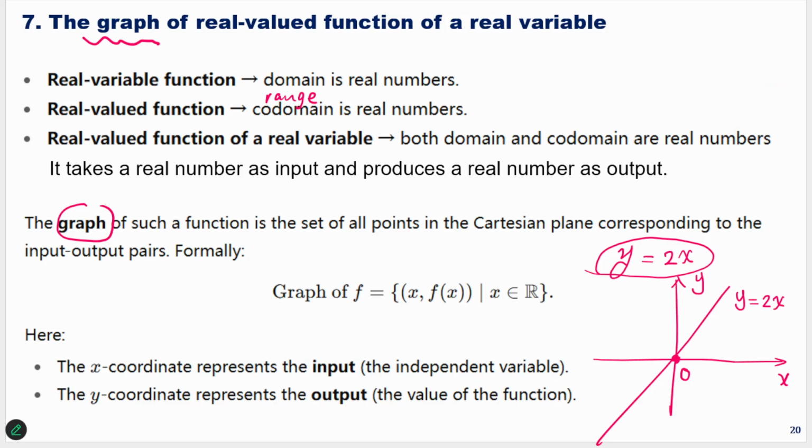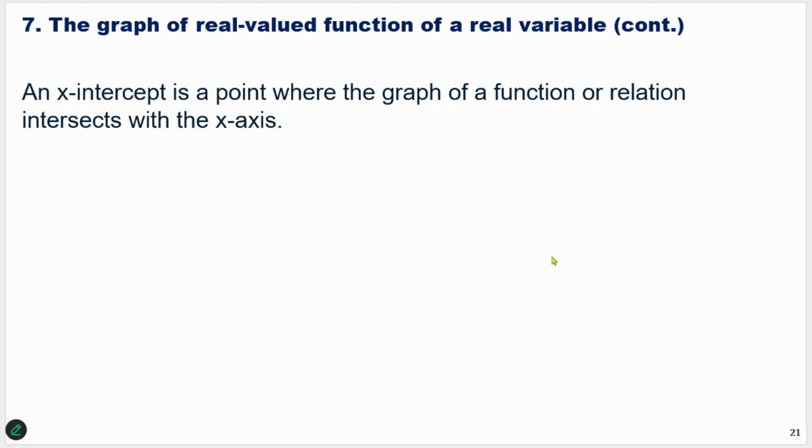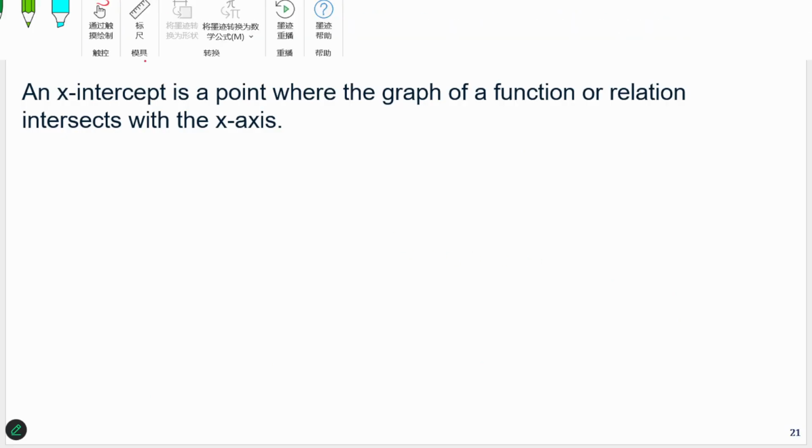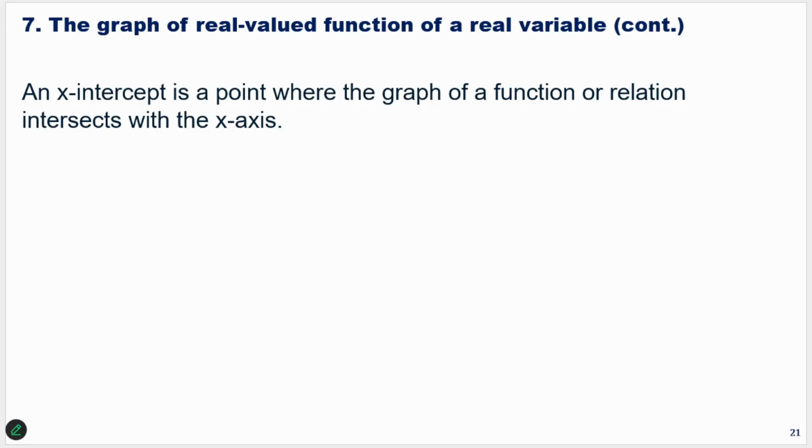And there are also some trivial concepts. First, the x-intercept. The x-intercept is a point. So this is its formal definition. It's actually a point where the graph of a function or relation, so it could also be a relation such as x squared plus y squared equals 1, intersects with the x-axis.